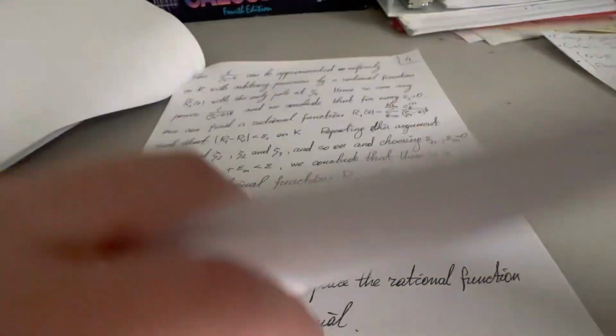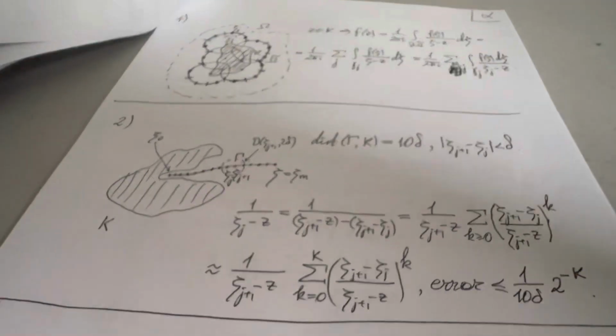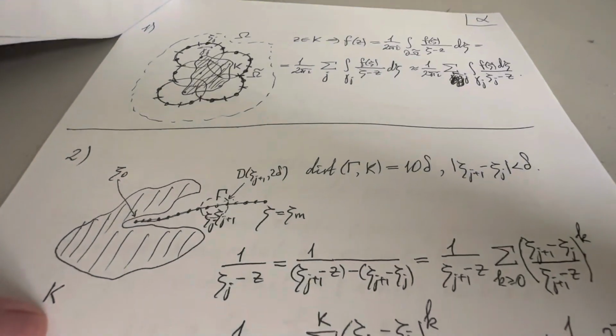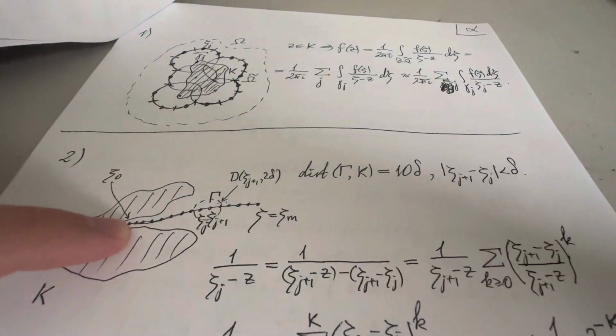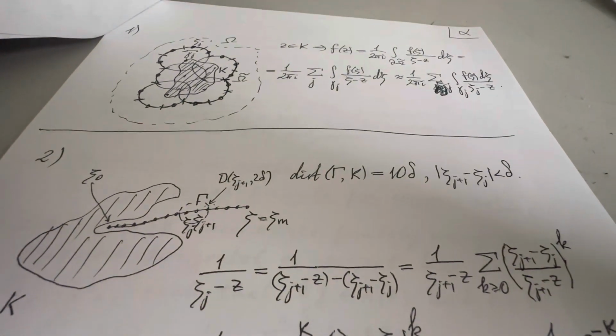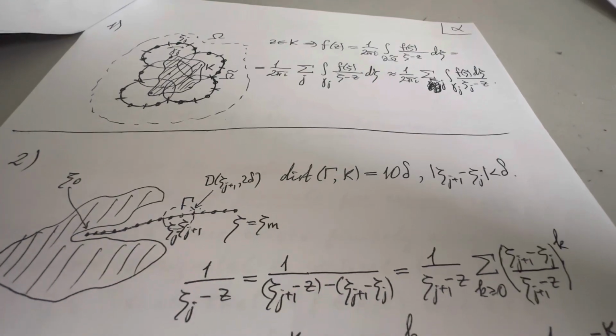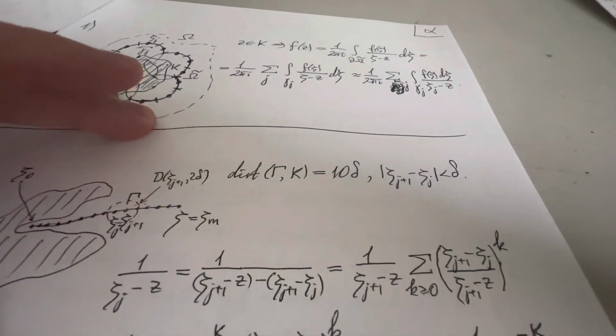So let's look at the picture for this, because I'm struggling to understand what he's saying. So here is our picture of k. All these points are zeta sub j's along this path gamma, and we've chosen them in such a way that the distance between them is at least 2 delta.